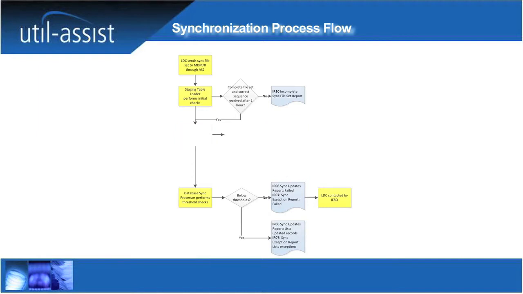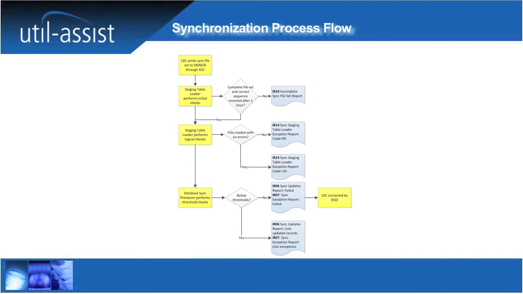When the MDMR receives those files, the first thing they do is load these files into staging tables. So if you have any exceptions during the staging table loader process, you will get a report. It's called the IR14, and it talks about exceptions in that staging table loader. If the MDMR successfully loads your sync data into the staging table, then they will begin processing it.